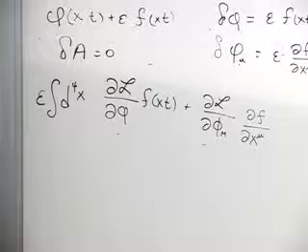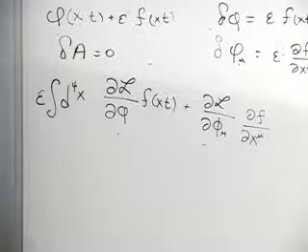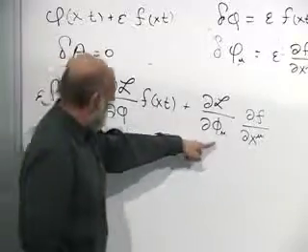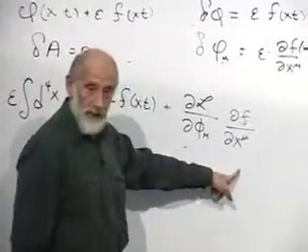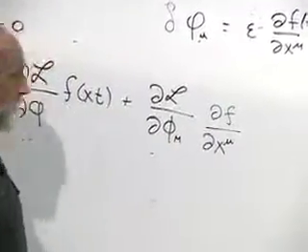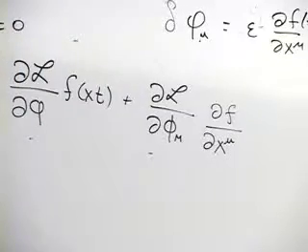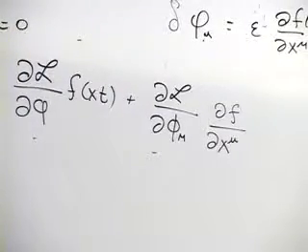I think I have that right. And of course, this stands for a sum. This stands for a sum over x, y, and z, or x, y, z, and t, all of them. That's it. That's the change in the action.